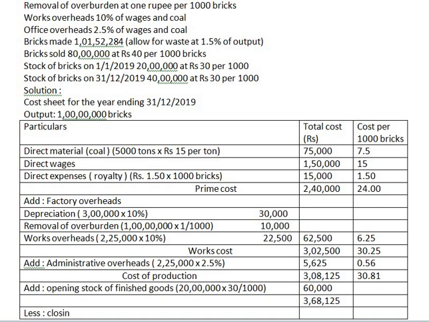Okay. Now next, we need to deduct closing stock of finished goods. Okay, so now closing stock, how much have they given? 40 lakhs into 30 per 1000 bricks.